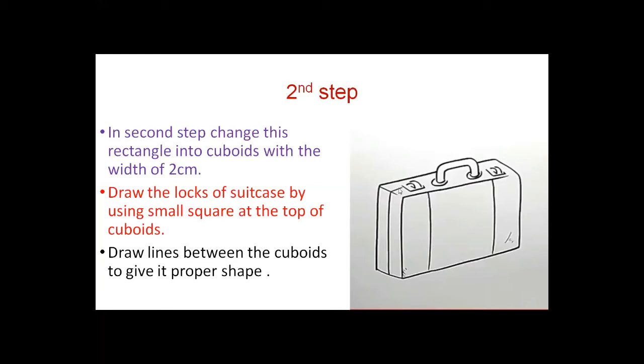We will draw a line like this. These lines are very important for showing the proper shape of the suitcase. Draw these lines using a ruler. All these lines you will draw with the help of a ruler.